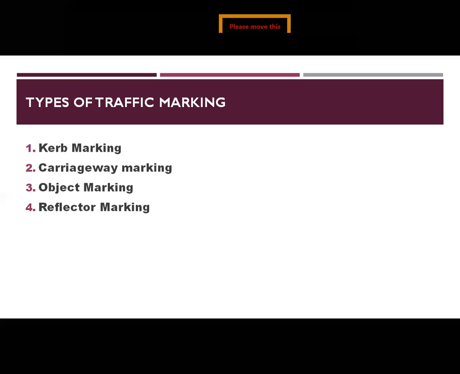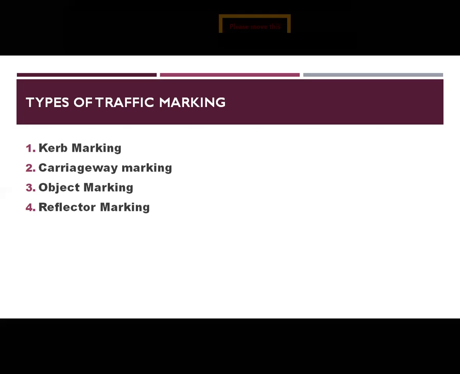Reflector markings are provided on the ground to give information regarding the edge of the road. Most of the time when the road is elevated, it is not possible to provide a shoulder and more area, so barriers are provided.